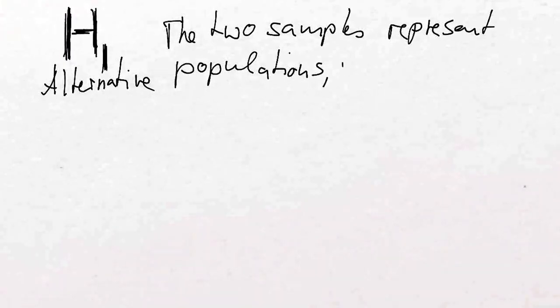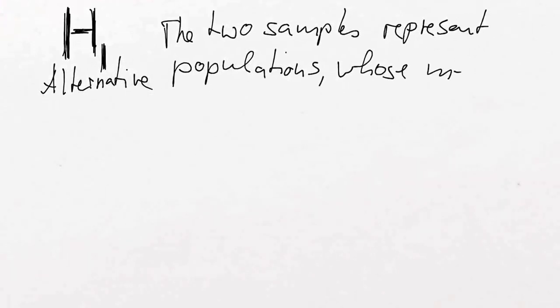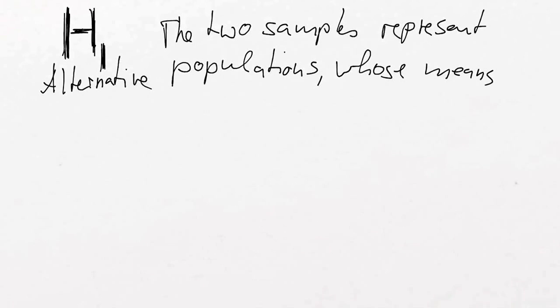The alternative hypothesis basically says the two samples represent populations whose means are different.